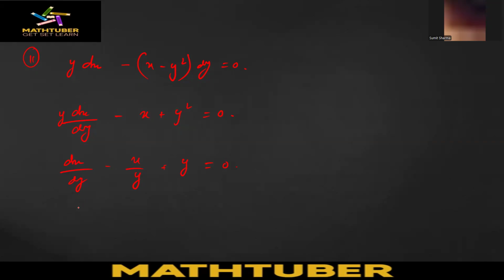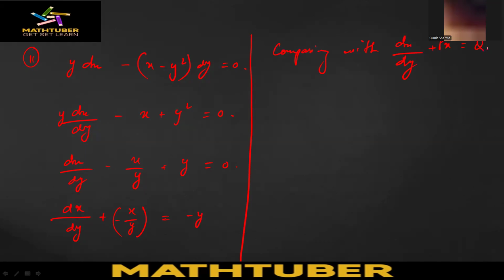Now we want the coefficient of x here, so we will keep it like this and it is equal to minus y. Now comparing with dx upon dy plus px is equal to q, p will be minus 1 upon y and q will be equal to minus y, right?